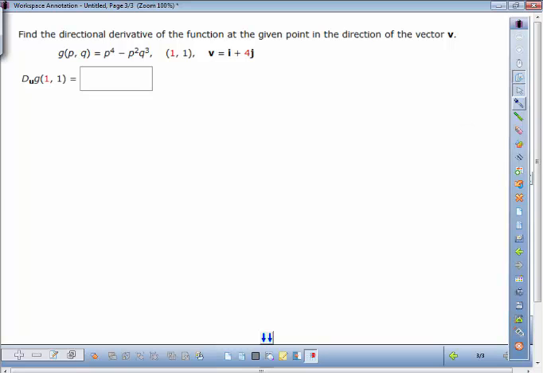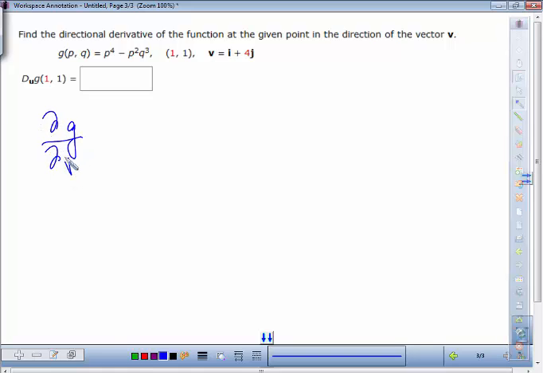All right, so that's really all we need to do to prepare for this, aside from taking derivatives and stuff. So let's take the derivative of g with respect to the first variable p. And we have 4p cubed minus, now q is constant, so this is going to be a 2p, and then the q remains the same.